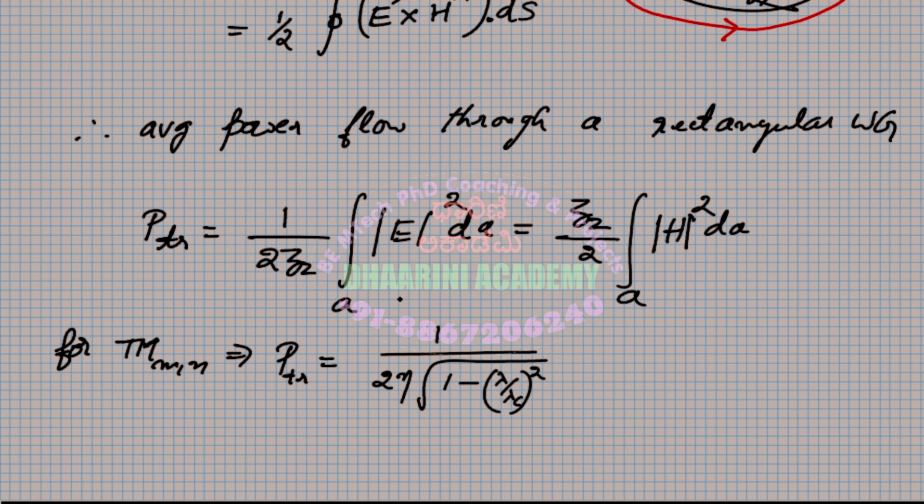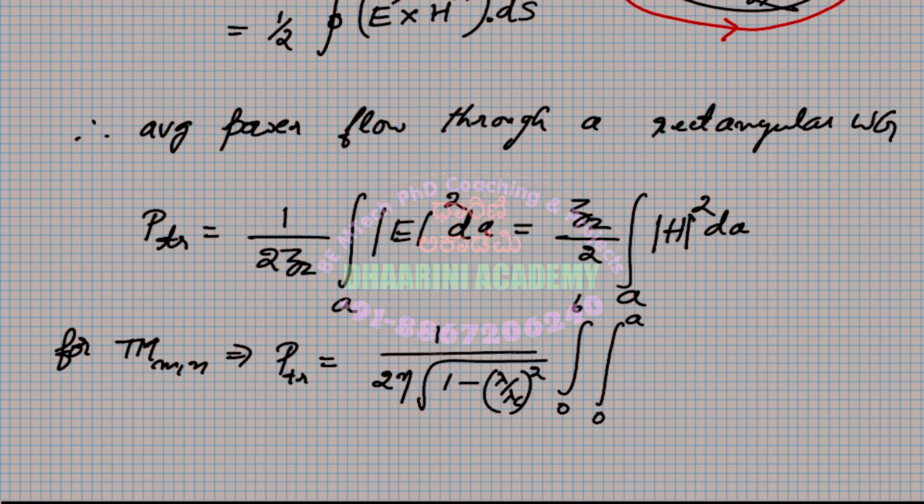Are you okay? This is the Z. Okay, into, this is actually a closed area. Area is nothing but integration happening from 0 to b, integration 0 to a, correct? That's the cross sectional area of the rectangular waveguide.